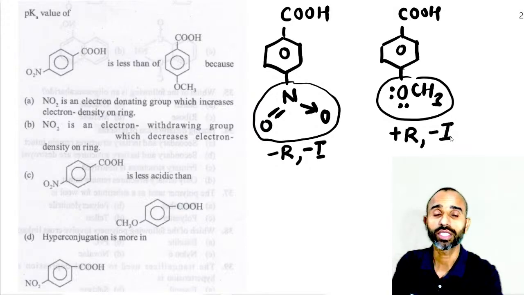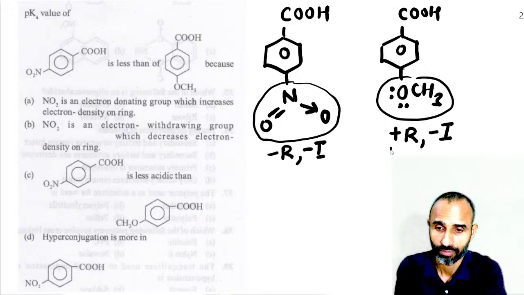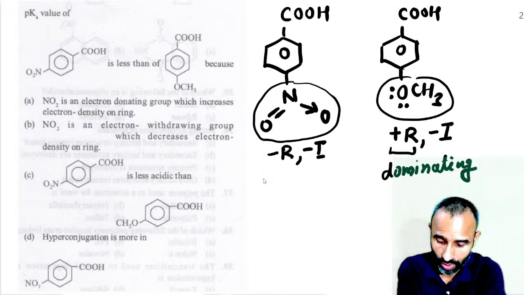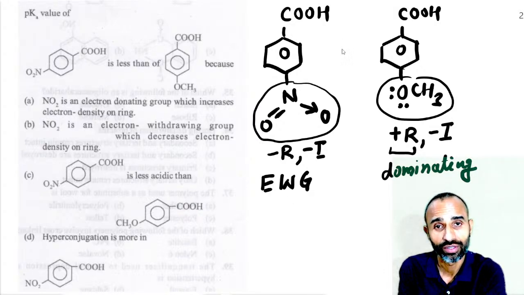So plus R effect is dominating. As NO2 is an electron withdrawing group, it is more acidic.